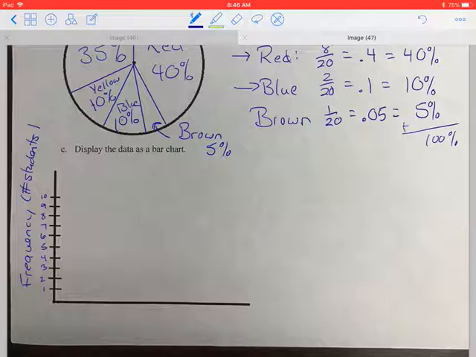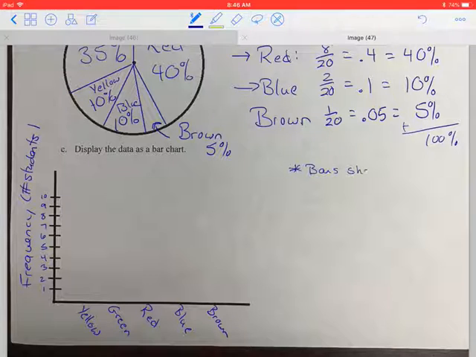I'm going to write this out a little sideways. I'm just writing them the way they show up on the chart. Yellow, green, red, blue, and brown.